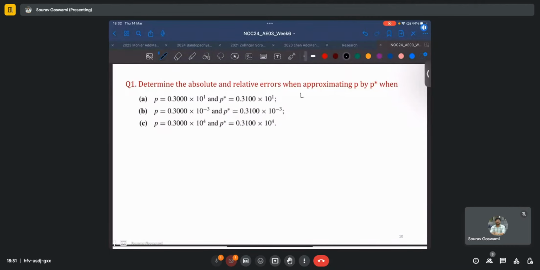If our exact value is p and the approximation, here denoted by p star, then the true error or the absolute error is the absolute value of the difference p minus p star, and the relative error is the absolute value of p minus p star divided by the absolute value of p.